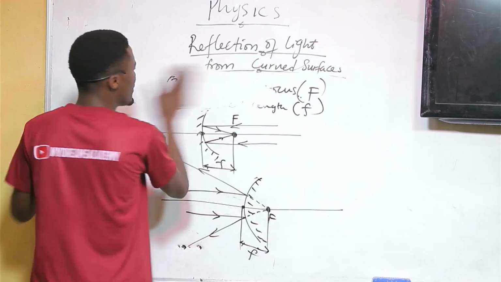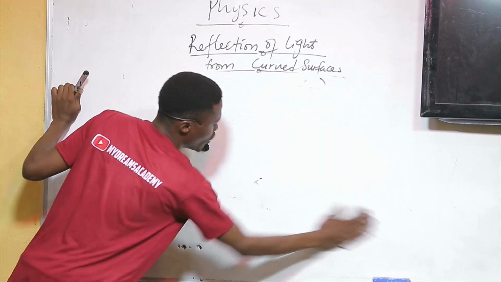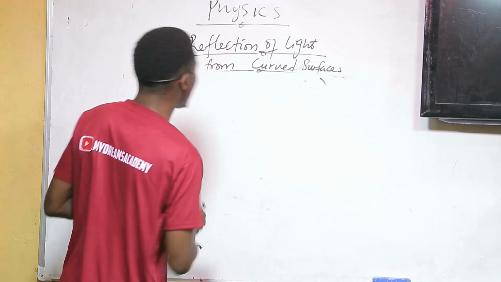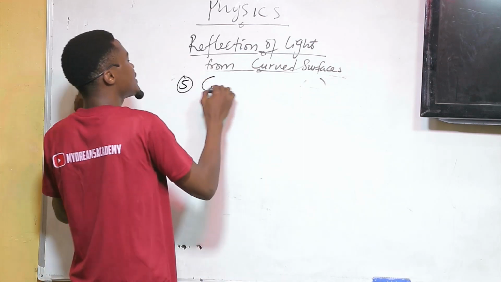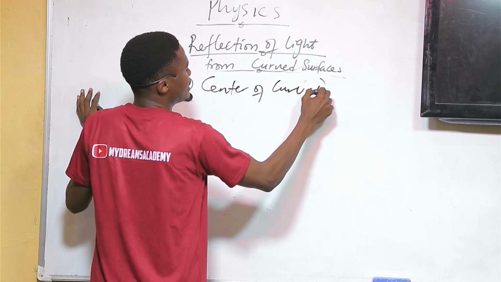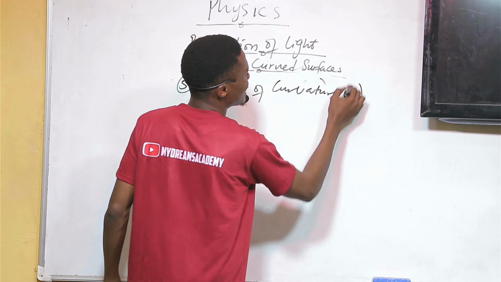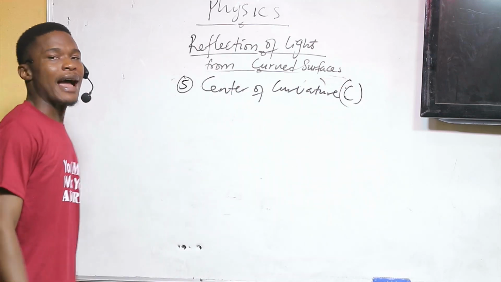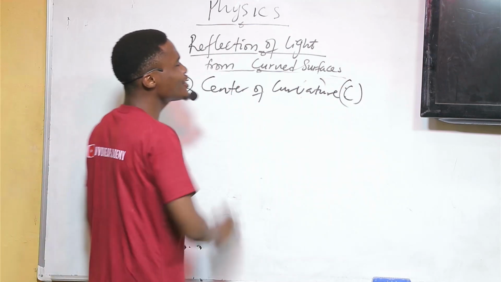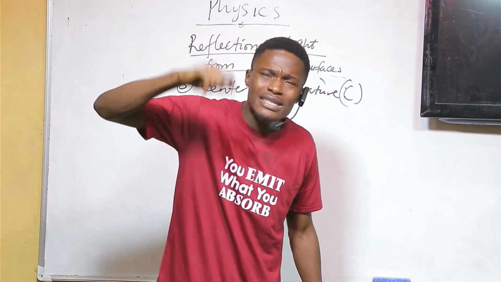Now the next one we'll talk about is center of curvature, which is term number 5. It is usually represented by letter C. Center of curvature is the center of that sphere from where we cut that mirror.